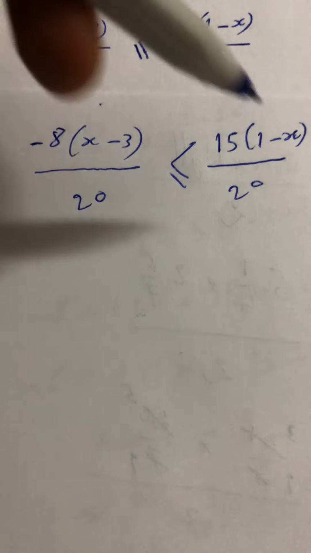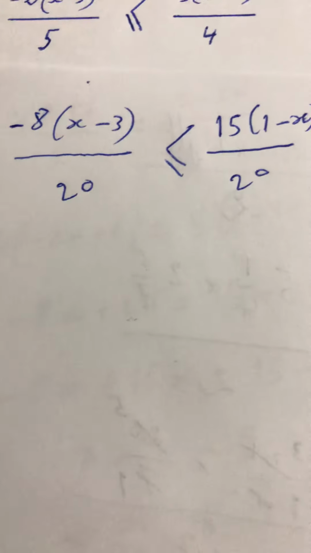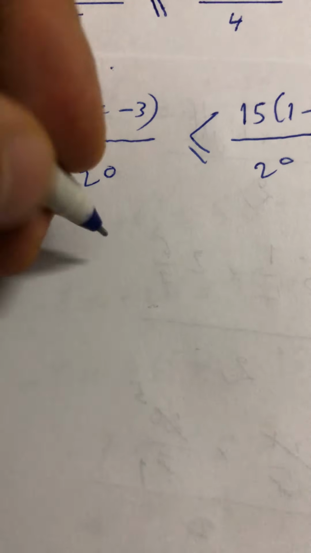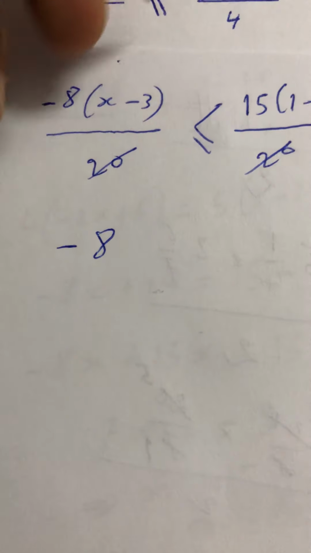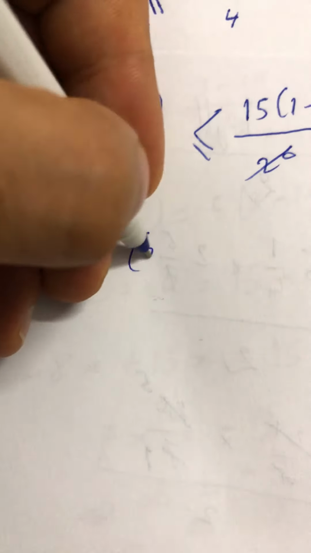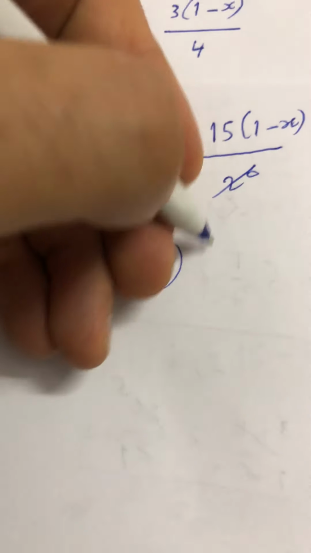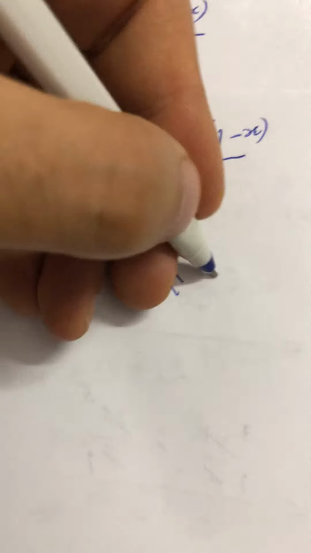Now I have 20 here, so I can simplify by 20. It will be only minus 8 times (x minus 3) less than or equal to 15 times (1 minus x).